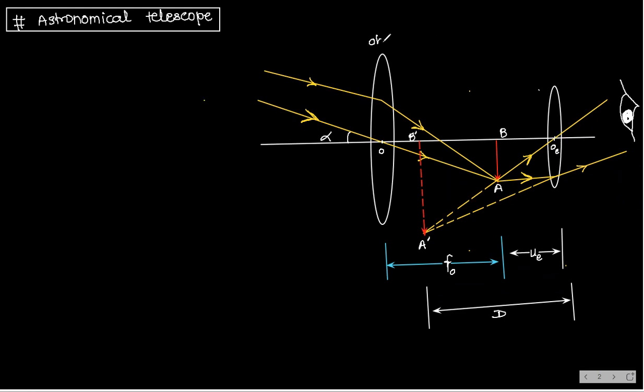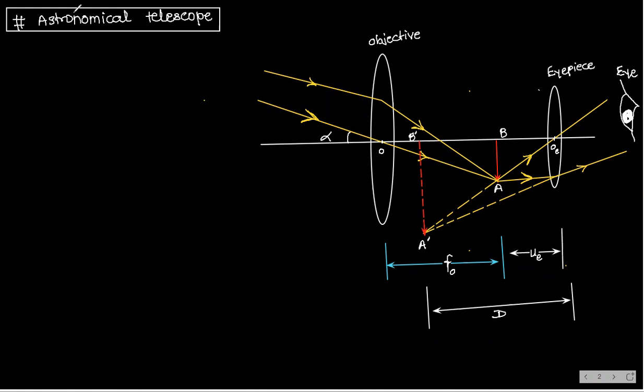Here also two lenses. The lens which is near to the object is called objective. The lens which is near to the eye is called eyepiece. Okay, clear? Right. And this is eye.